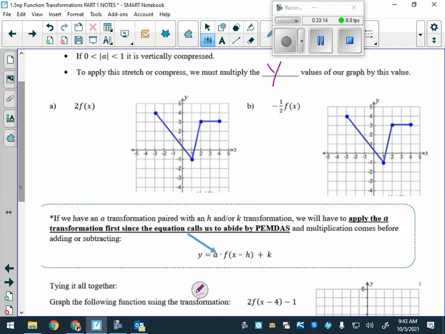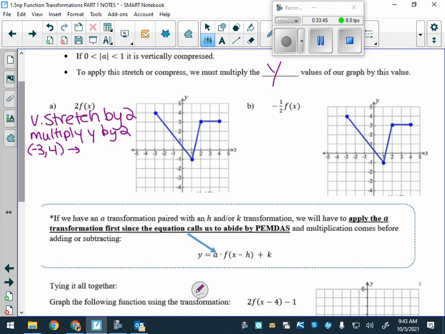I hear some of you whispering in your mask. Oh, good. Vertical stretch by 2, which means you are multiplying y's by 2. So if I had negative 3, 4, what would be my new point?